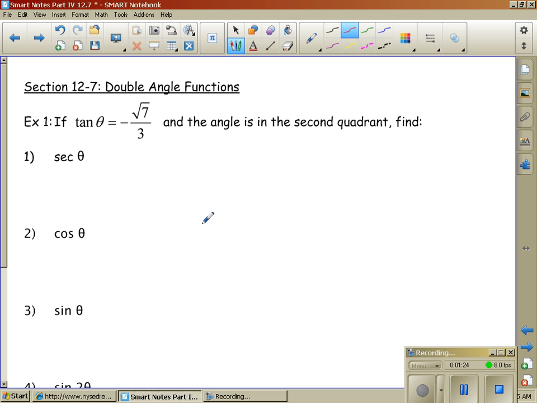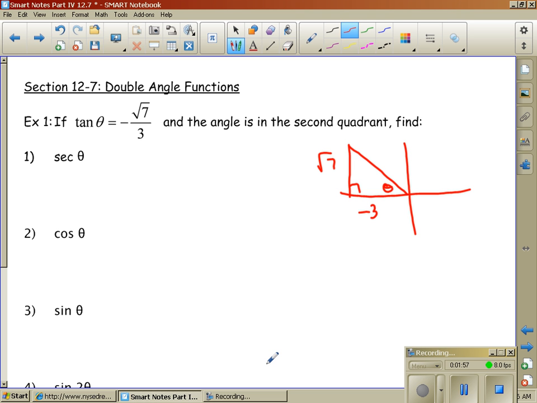Tangent theta is in the second quadrant. So here's our second quadrant. Tangent is opposite over adjacent. And we have to figure out the negative. So remember, when you're graphing, you go over negative, up positive. So the negative goes with a 3.